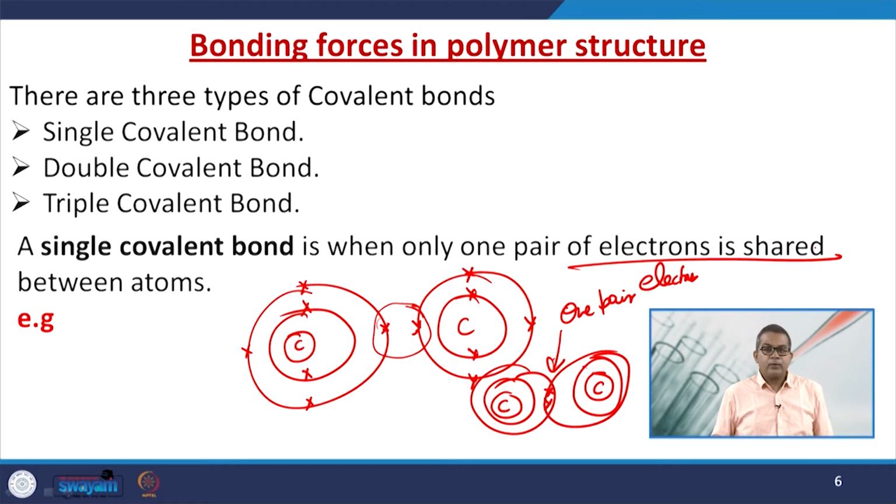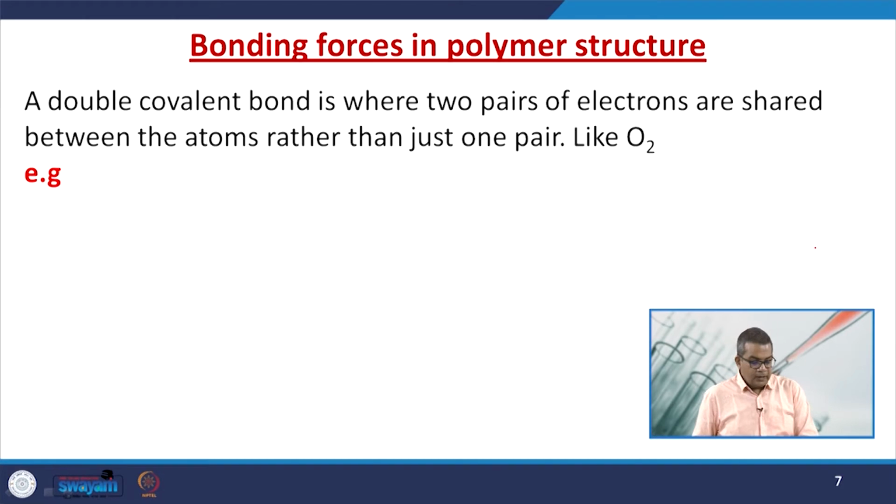Now let us have a look at the other type. Here we have the double covalent bond, where two pairs of electrons are shared between the atoms rather than just one pair as in the previous one.